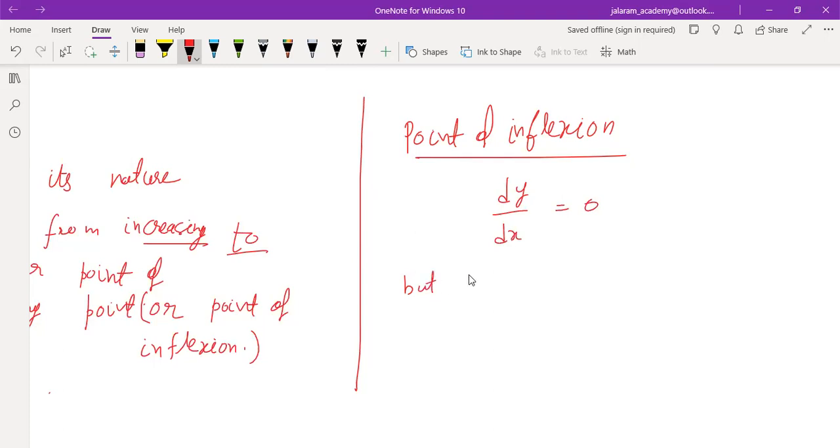But when we check d2y by dx square at this point, it is neither minimum nor maximum, so d2y by dx square is neither negative nor positive. Is that clear to you? If the number is neither negative nor positive, it will be 0.